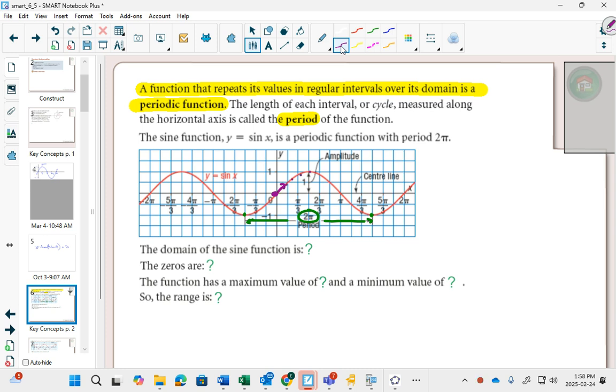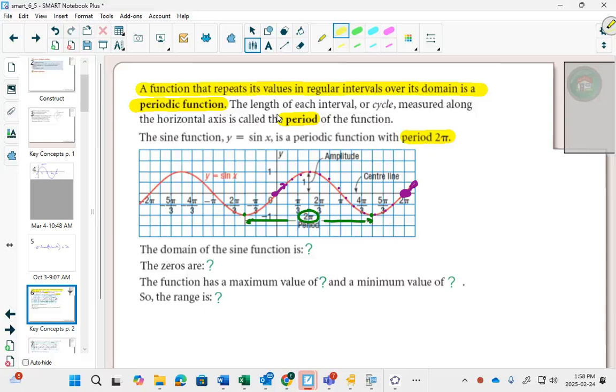How long before I'm at the middle of my graph going up again? Right here, at 2 pi. So it's really easy to see the period that way. If you start at 0 and say at 0, I'm in the middle going up, how long before that happens again? I have to get to 2 pi to do that. That's called the period. So we highlight that. We know the period of our function is 2 pi.